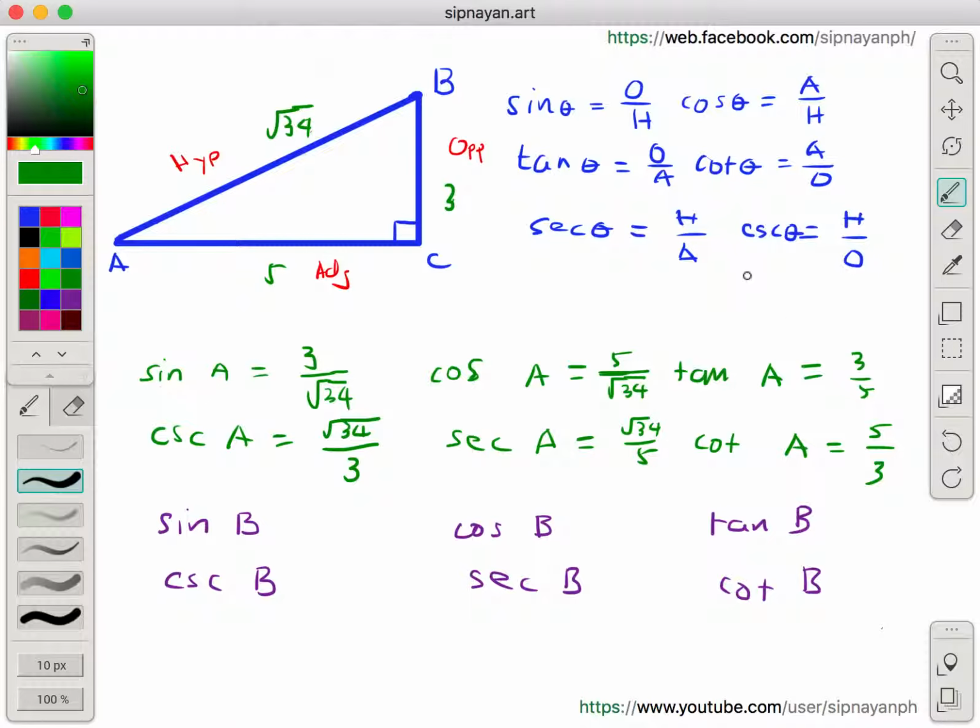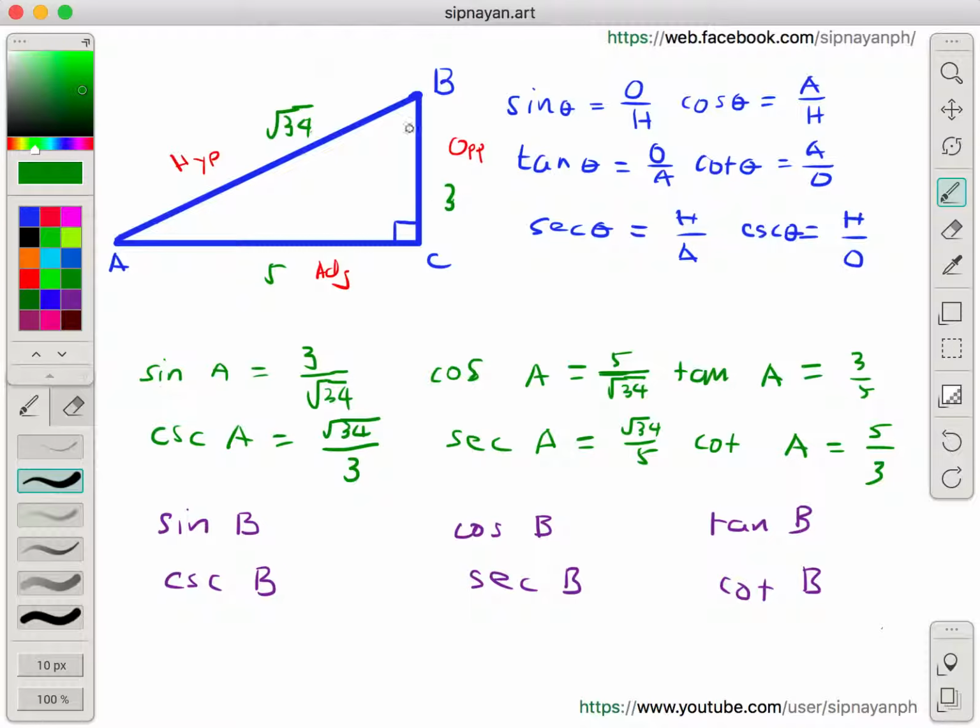And reciprocal mean binabaliktad lang, di ba? Pag ang reciprocal ng A over B is B over A. So, makikita nyo binabaliktad lang yung numbers. Next, we have tangent tsaka cotangent. They are also reciprocal or they are also inverse of each other.